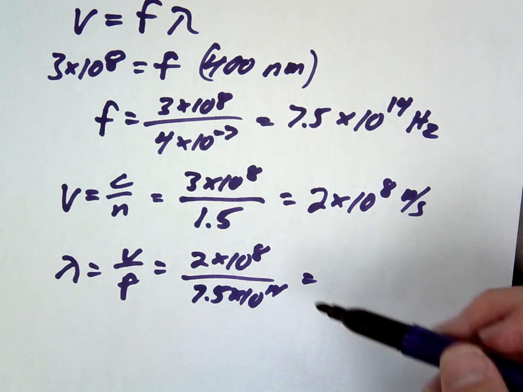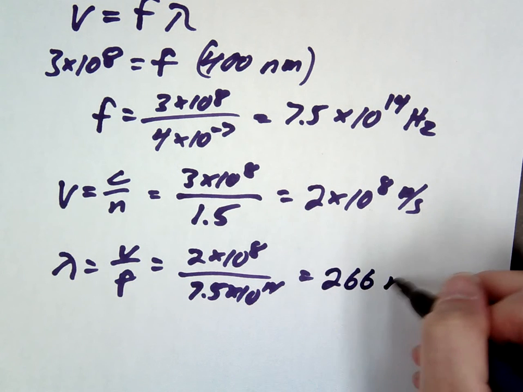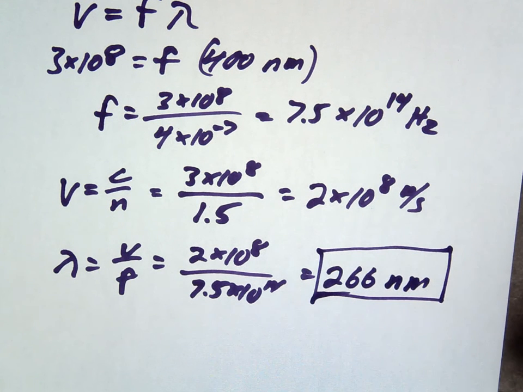Okay, what's the wavelength here? 266. Okay, there we go. That's the wavelength in the thin film or in the coating. Okay, all right, so now we're going to just go ahead and find the thickness.